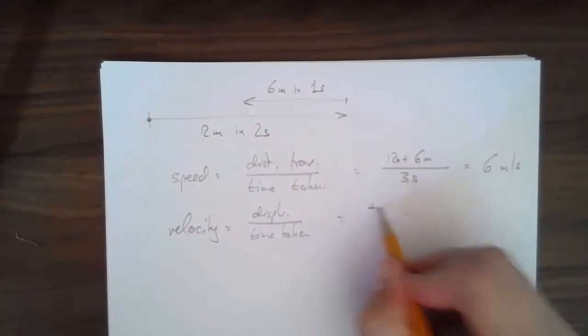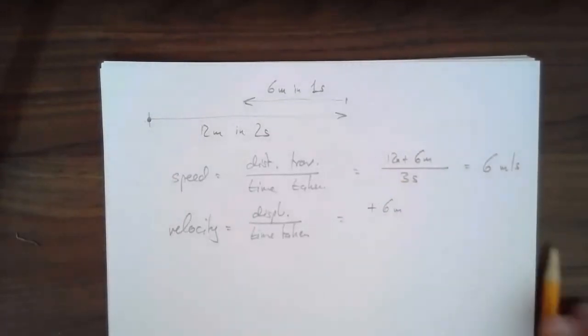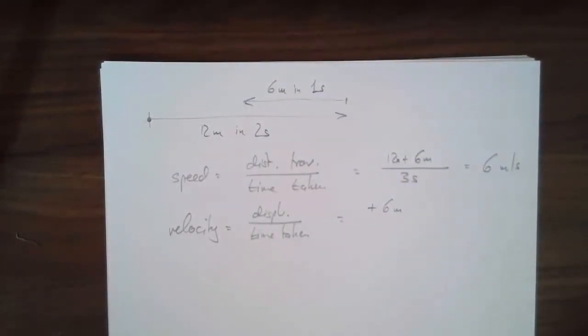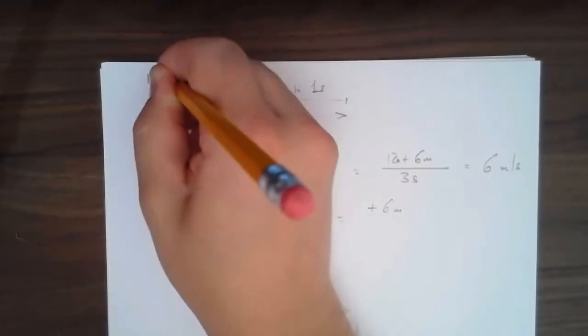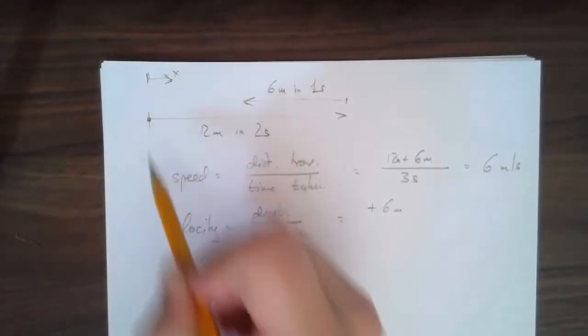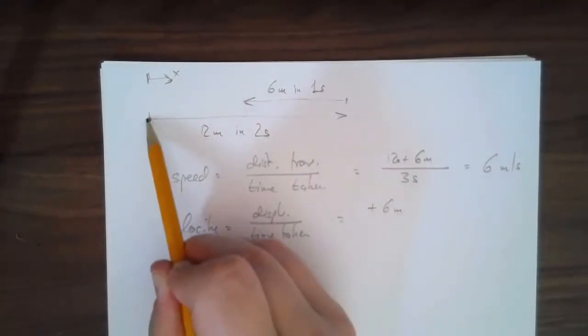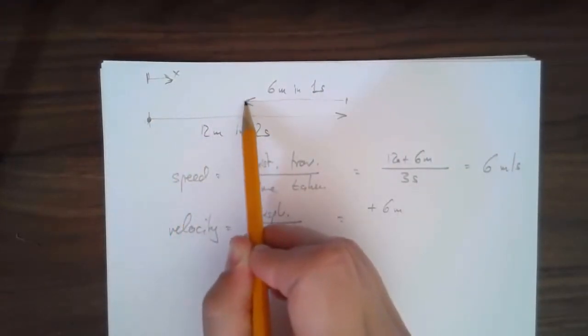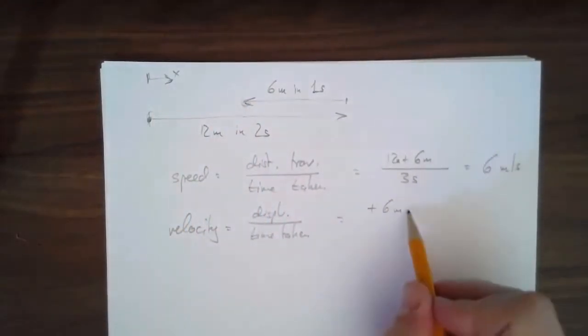So my displacement is just plus 6 meters. It could be plus or minus, but I'm going to assume my coordinate system starts here and points in this direction. That this is my positive axis is the only thing that matters. Going from here to here, a distance of 6. When I compare my final position to my initial position, this is 6 meters.